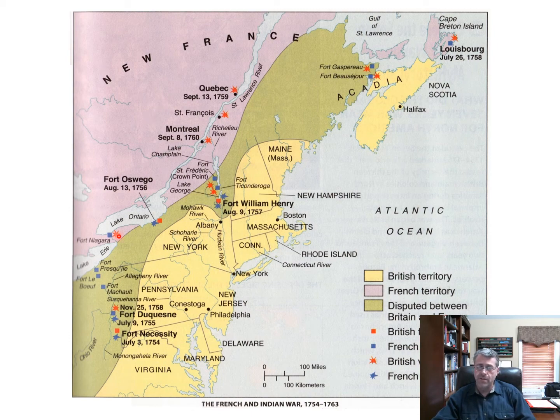All the battles in these wars, almost without exception, are going to take place in this region of New England. And this is where the British frontier and the French frontier are closest together. In this narrow strip here, there's only about 50 miles between the English frontier and the French frontier. And that's very close. That's just a short distance away.